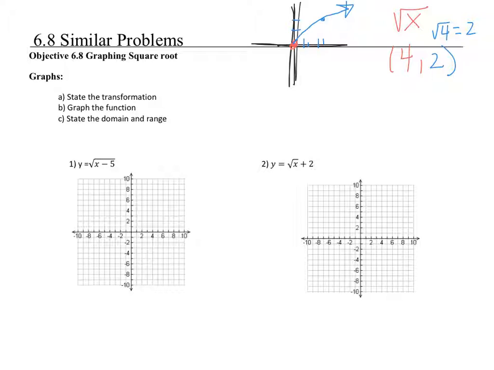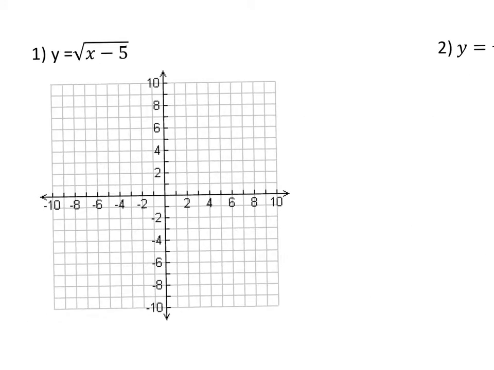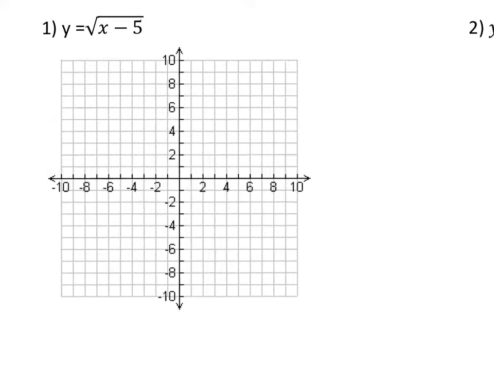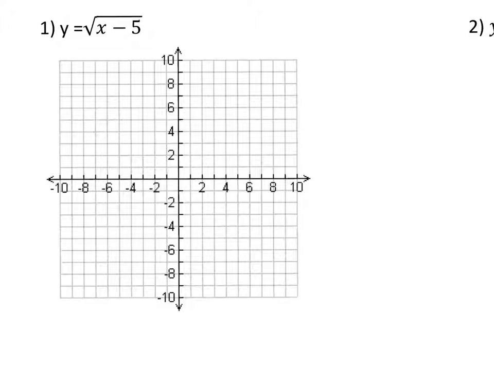When I say transformation for all these problems, it's the same type of thing that we have been doing since last semester. First, I'm doing A: state the transformation. I have to think, this -5, is it on the inside of the equation or outside? How do I know? It's on the inside if it's doing the arithmetic to the problem.